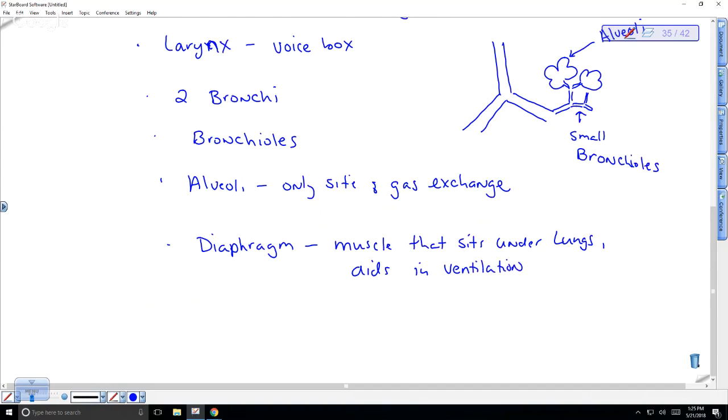So we don't have to force air into our lungs. When that muscle contracts, air will just automatically move in. Mammals are the only organisms with the diaphragm, so this is only found in mammals. This makes respiration more efficient, but probably not as efficient as what we see in birds.